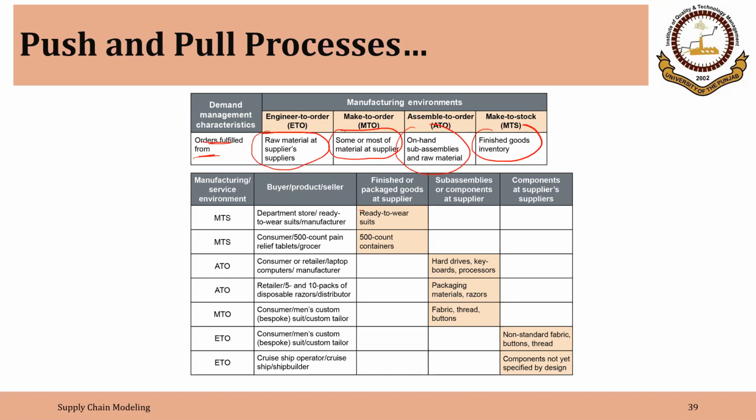Examples of make to stock include ready to wear suits. You go, place an order, and the product is immediately delivered. Or standard medicines, tablets, or grocery items, they are also made to stock. Assemble to order examples are personal computers, or if you get something packaged according to your requirements.